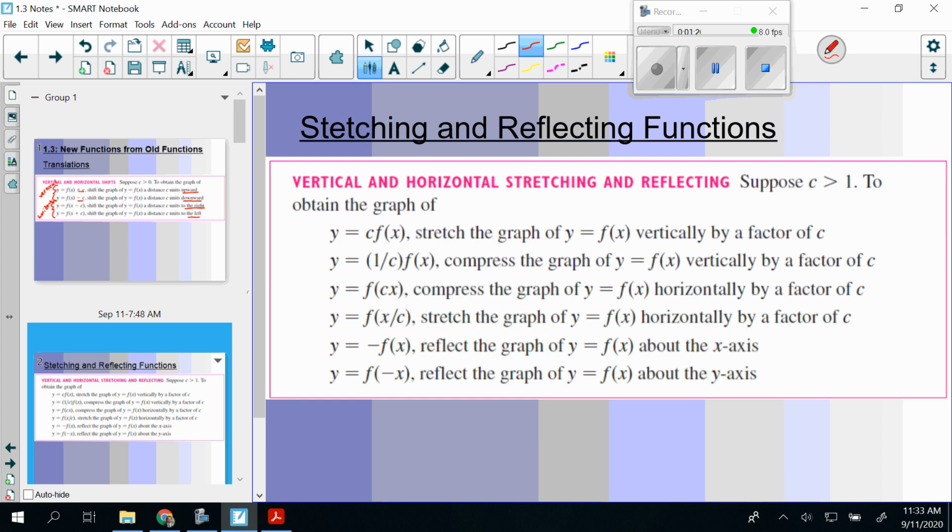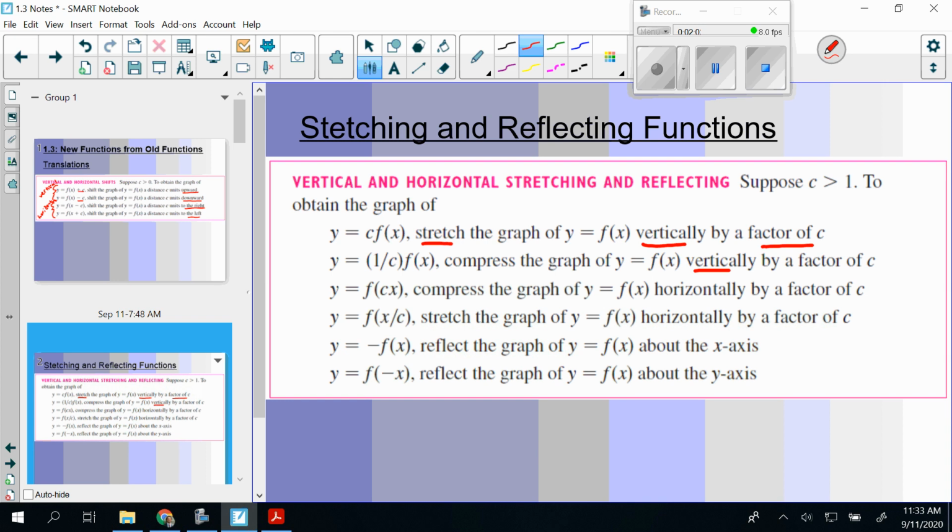Some other ways we can do transformations is stretching or shrinking and reflecting functions. When there is a number multiplied in front of the function, that's outside the function. And so we know when stuff happens outside the function, it's going to be vertical. The multiplication of a whole number is going to vertically stretch that by a factor of c.